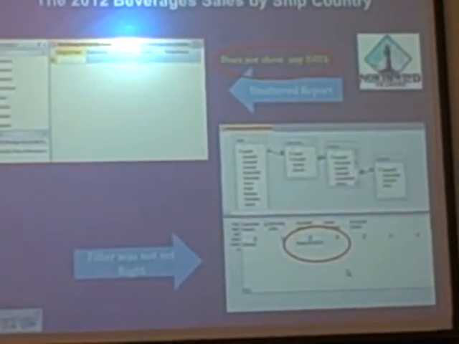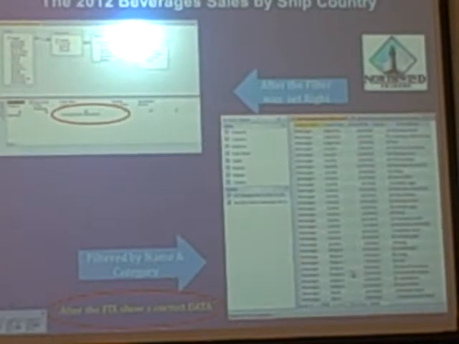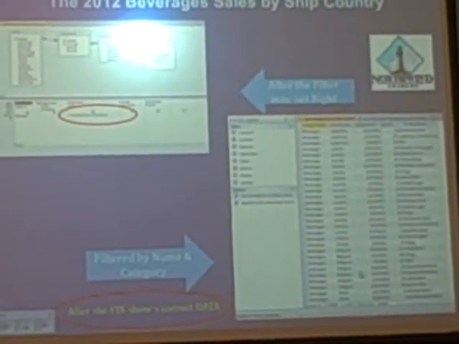Left button. This button? Yep. This is the same issue that we had. The way we fixed it, the criteria wasn't set up right, and once the criteria was set up right, it fixed our problem.